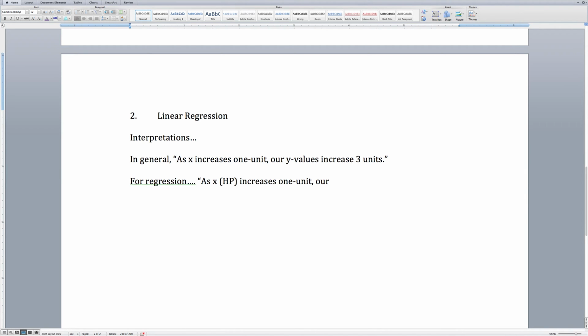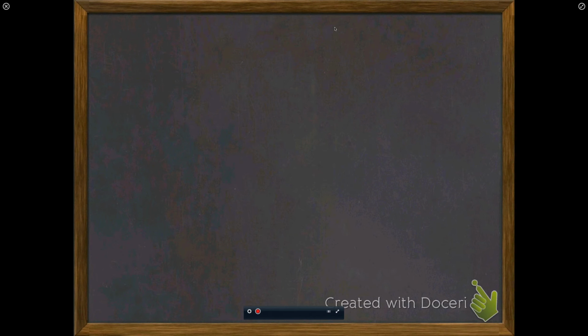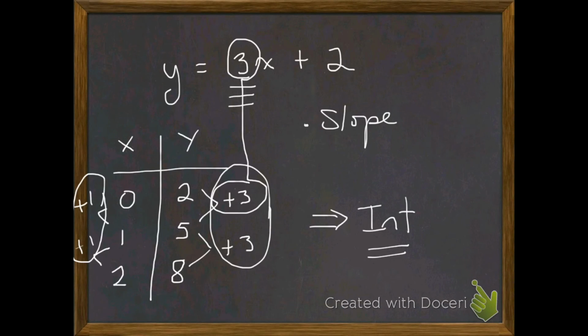Our y values, because our y values in a regression model are predicted values. So our predicted y value, which in this case would be miles per gallon, now increases. Let's go back again to our model here that I used before.